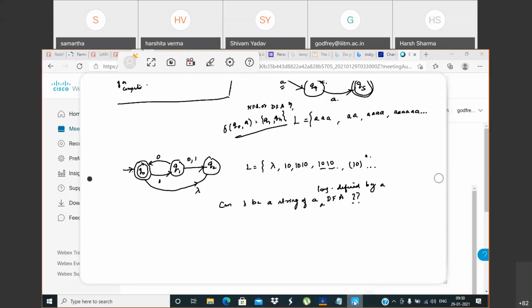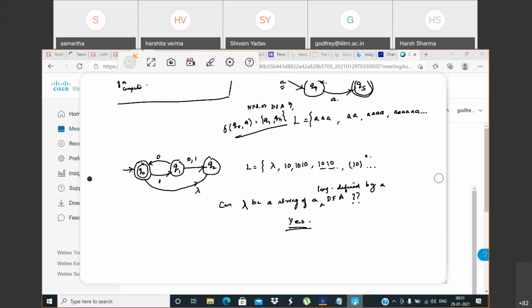So if the initial state is the final state, then yes. So this is just a binary answer. So the answer is yes, with the condition that the initial state is the final state.